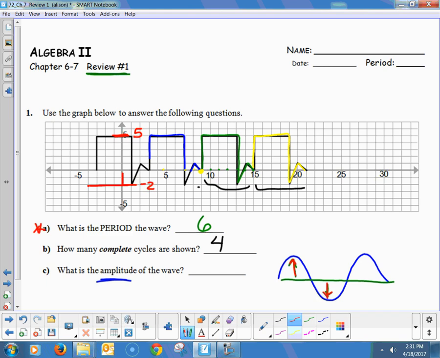So this distance is 5 plus 2, which is 7. The middle would be up at 3.5, so the amplitude would be a displacement of 3.5 in either direction. Amplitude 3.5.